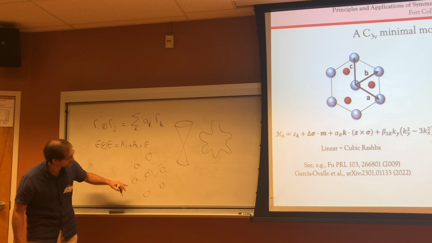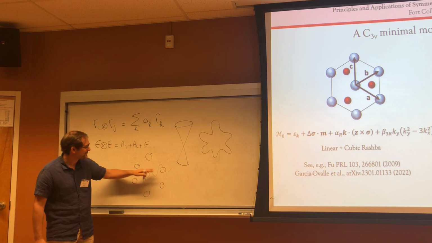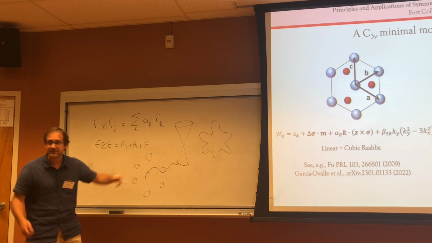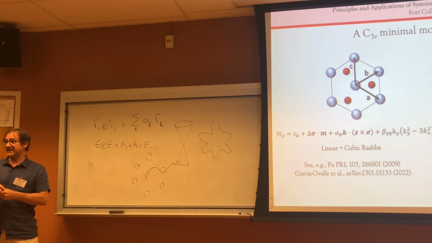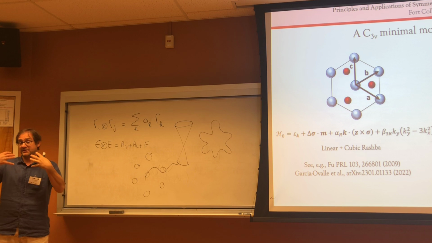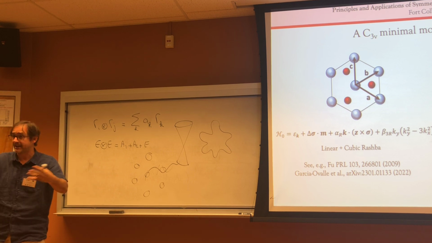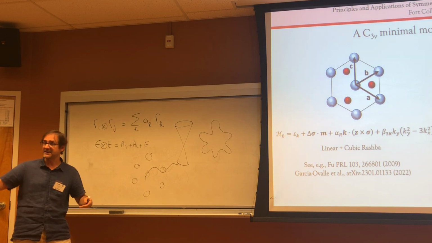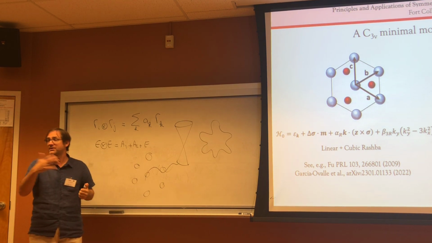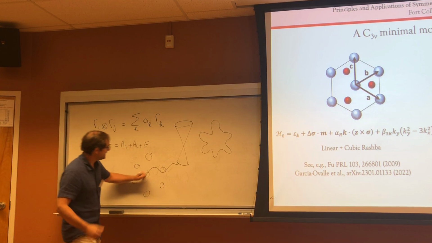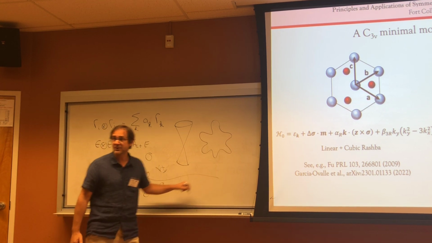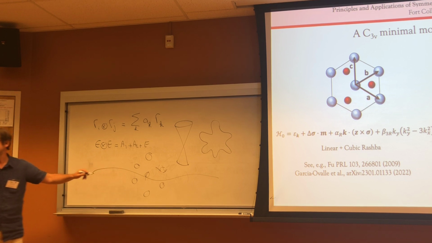If the wavelength of your Bloch state is of the order of the lattice parameter, then the wave function will scatter on the lattice, and you will imprint the symmetry of the crystal on the Bloch state, because that's the only way the Bloch state can survive. But if the wavelength is very long, it doesn't care. This works as an effective medium.